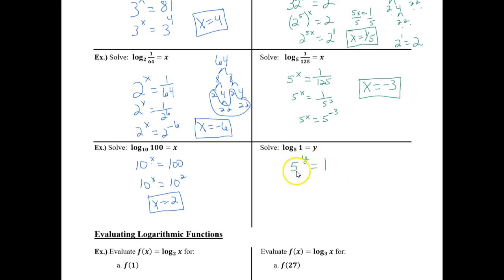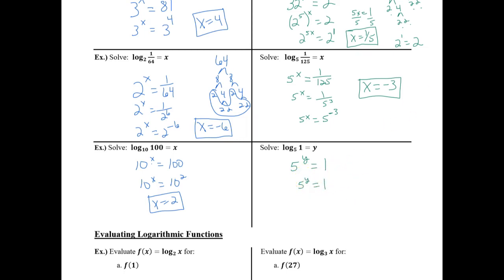How do I make a 1 into a 5? Well, this comes back to, what does y have to be? What exponent could I put in here for y that could even make this equal 1?